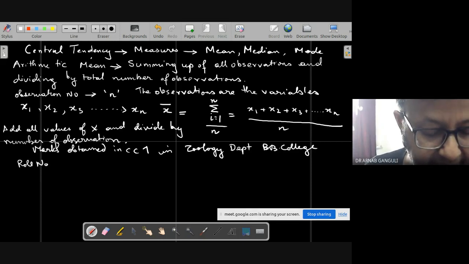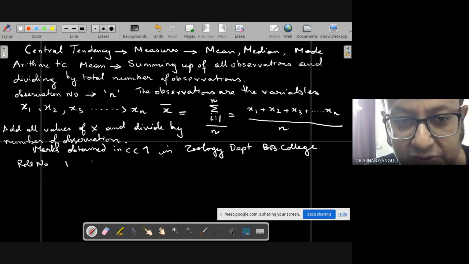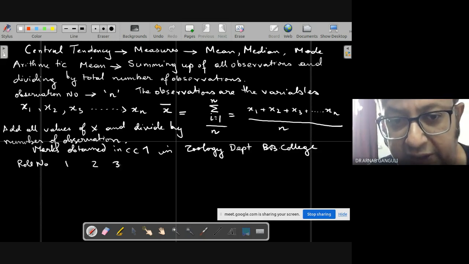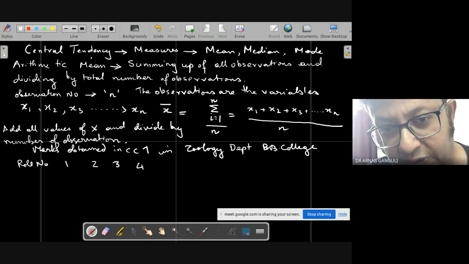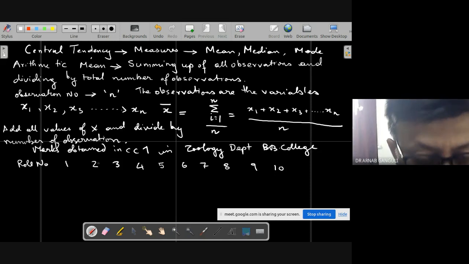Say there are 10 people, roll numbers 1, 2, 3, 4, 5, 6, 7, 8, 9, and 10. And let's write their marks.